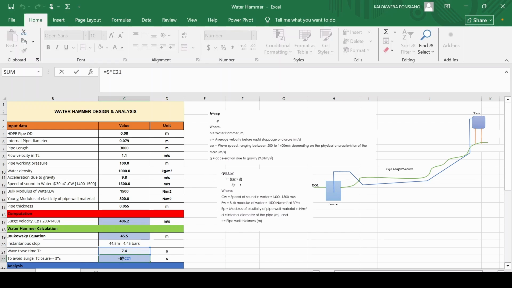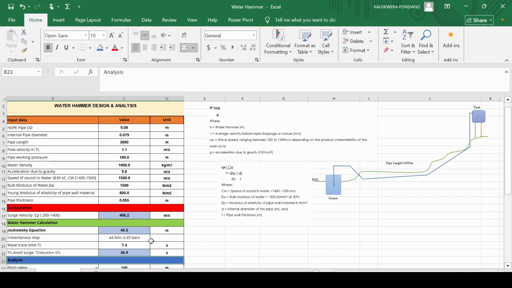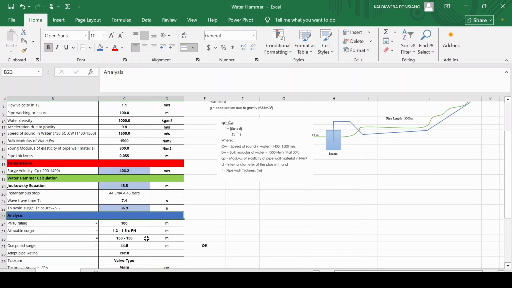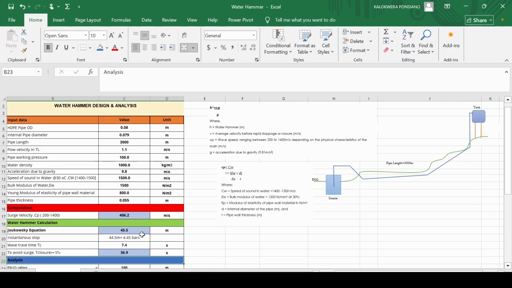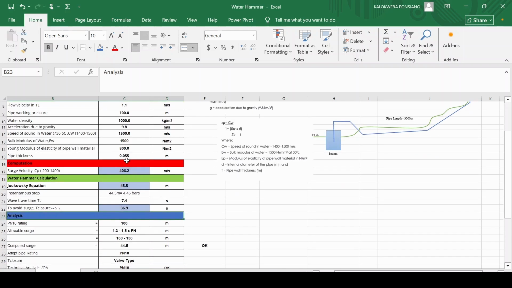So now how do we do the analysis here? This is the most important part, because this is where you make engineering judgment. For our system, we said we are going to use a pipe with a pressure rating of 100 meters. So we adopted a PN rating of 100 meters, but our allowable surge can range between 1.3 to 1.5 of the PN rating of the pipe.